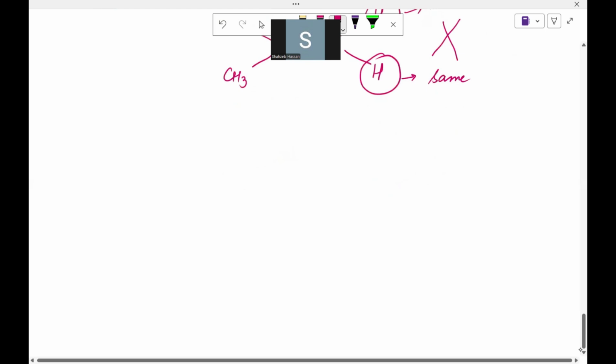Okay. So now let's take another example, which is CH3, CH, double bond, CH and CH3. So do you think this is an isomer?